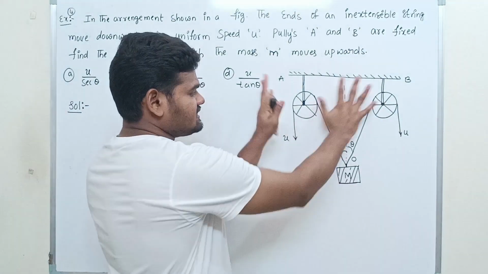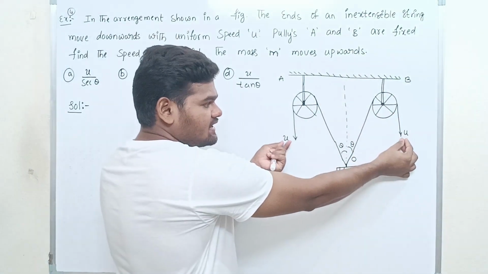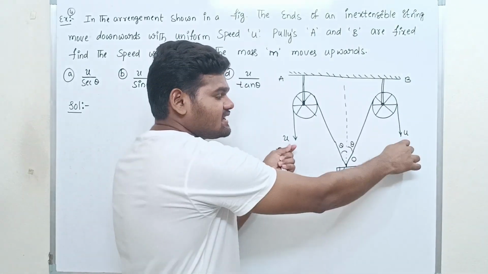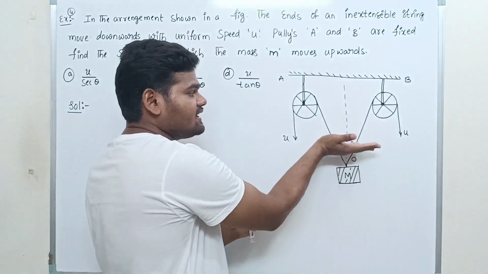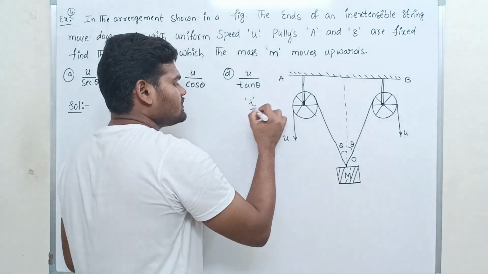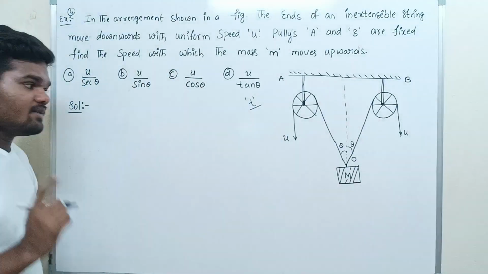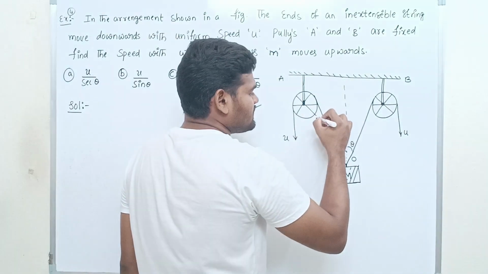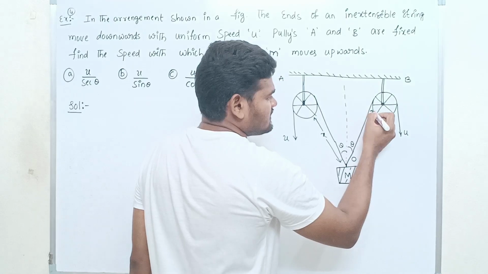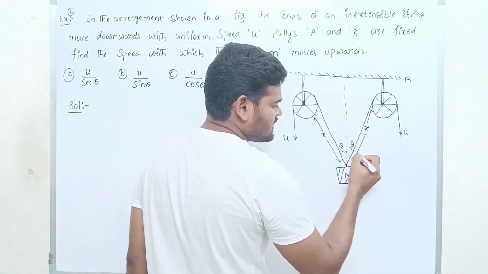Initially, the system is like this. They have applied a uniform velocity u and pulled these strings in the downward direction, and this block moves in the upward direction. So at any particular instant of time t, the block makes a displacement x on this side, and this side also makes the displacement x.